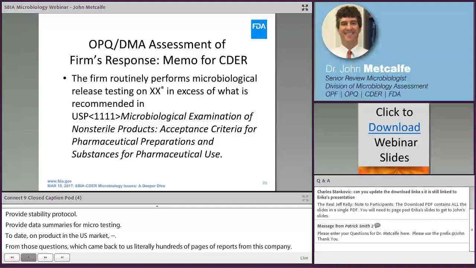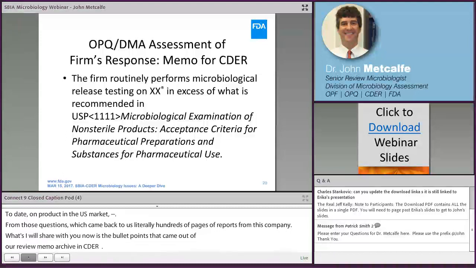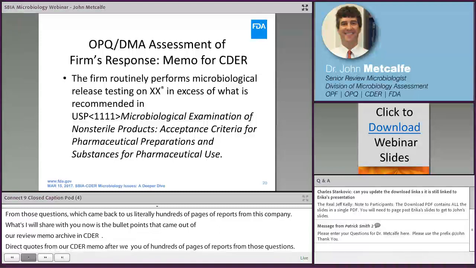So these are direct quotes from our CDER memo after review of hundreds of pages of reports from those questions. First of all, I can summarize quickly by saying the firm had done everything right both before they had the problem and afterwards in terms of a testing regimen for this product.